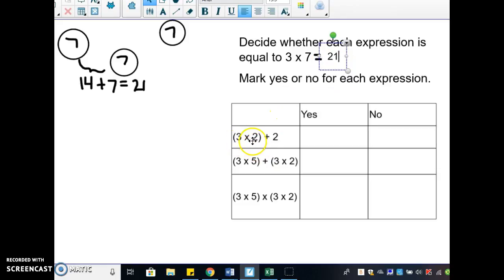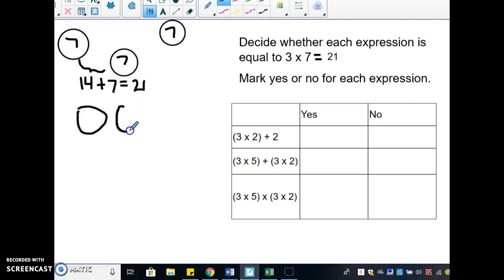So I have 3 times 2 plus 2. I know I have 3 equal groups of 2, or 2 equal groups of 3. So again, maybe this time I'm just going to draw it out, 3 equal groups of 2. So 3 equal groups of 2, that would give me 6.